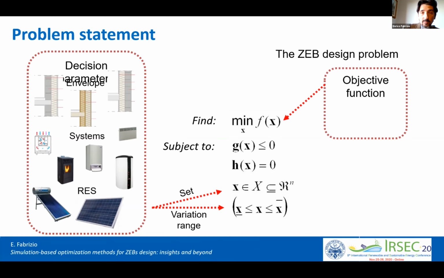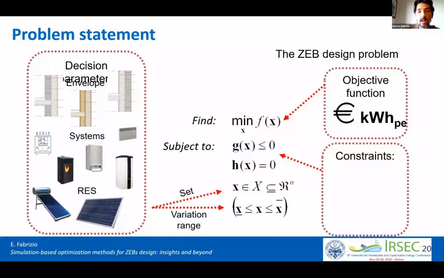There can be many objective functions: energy use, primary energy or energy delivered, the cost, the comfort. And there are a number of different constraints, for example the scenarios, but mainly the building energy model, which is the main constraint of this highly constrained problem.